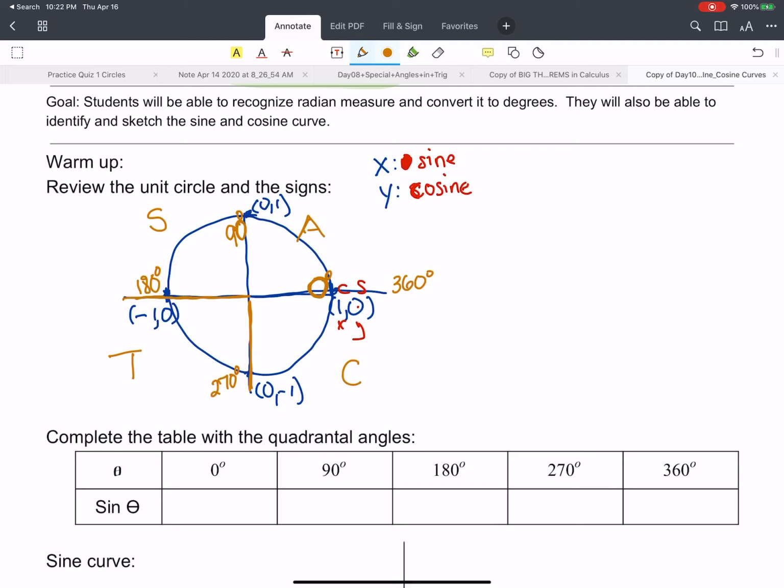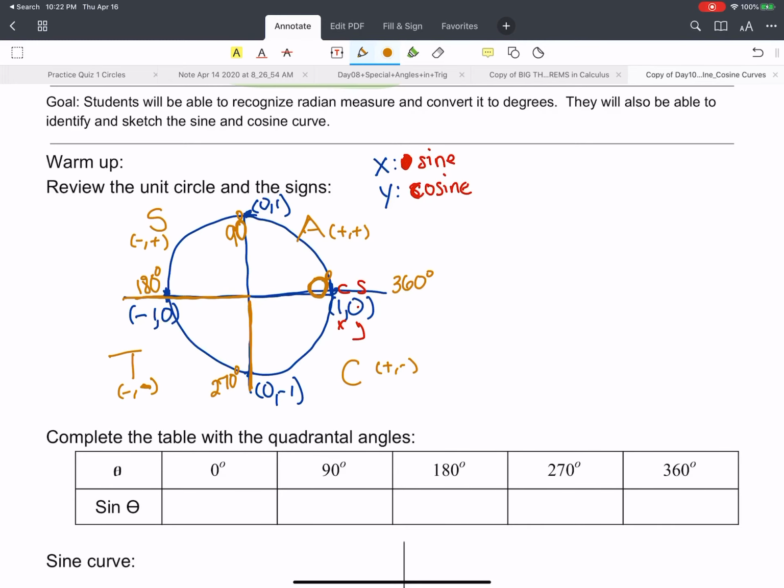Right? So that's their little rooms, where they're positive. A helpful way to remember that is that everything in this quadrant is positive, positive. This one's negative, positive. This one's negative, negative. And these are positive, negative. Okay? Whatever works for you. I just wanted to review that.